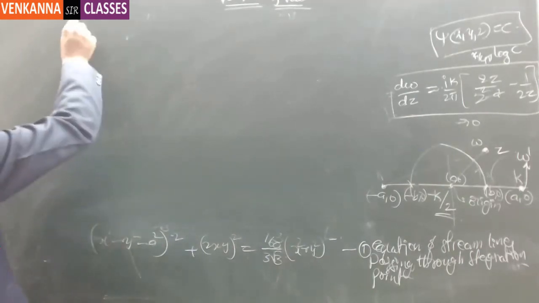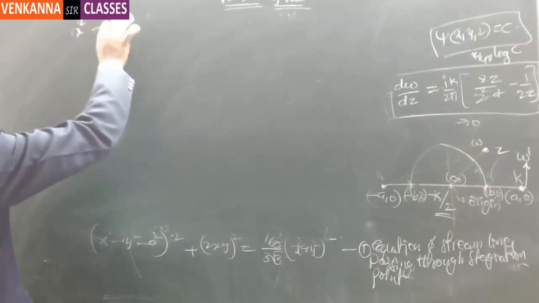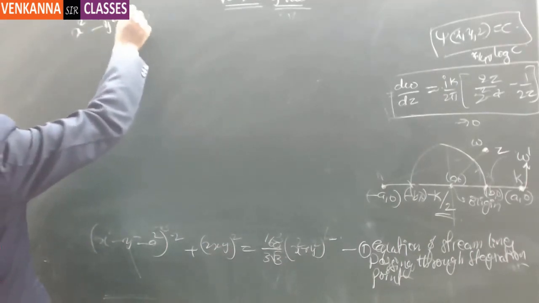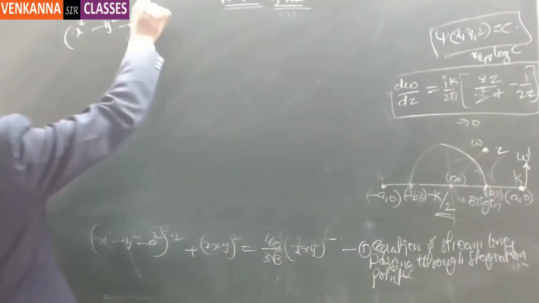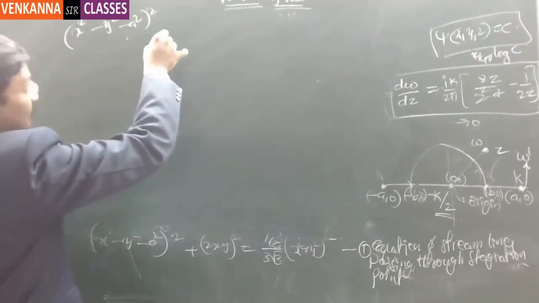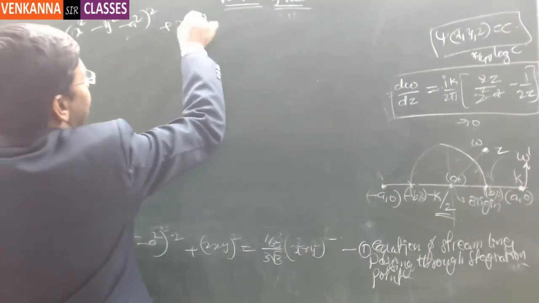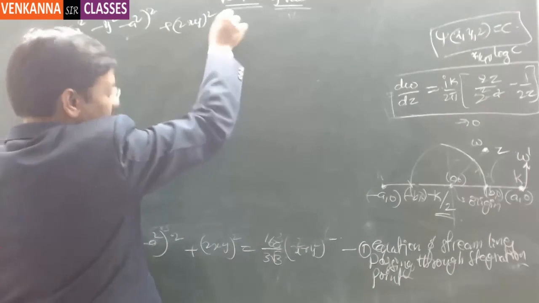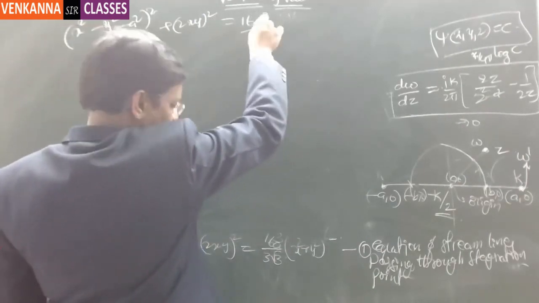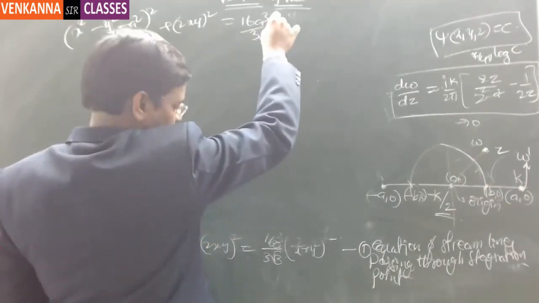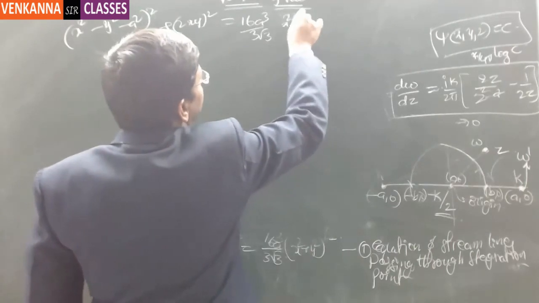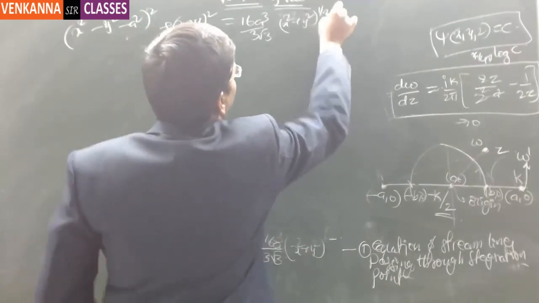So we have x square minus y square minus a square whole square plus 2xy whole square is equal to 16a cube by 3 root 3 times x square plus y square whole power 1 by 2.